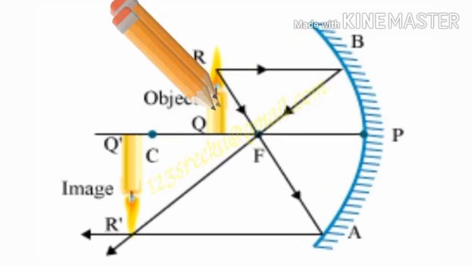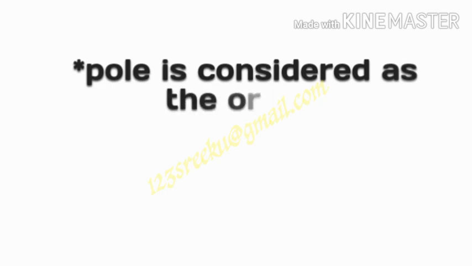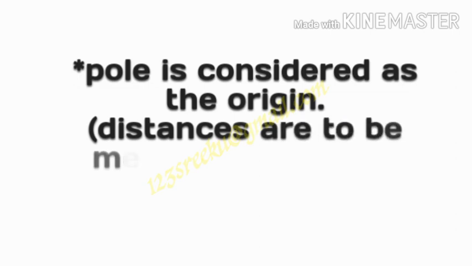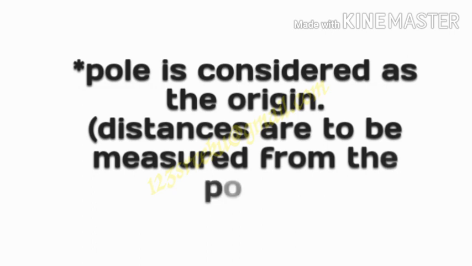Whether it is a concave mirror or a convex mirror, we have to consider the object on the left side of the mirror. The second point is that the pole is considered as the origin of all measurements.